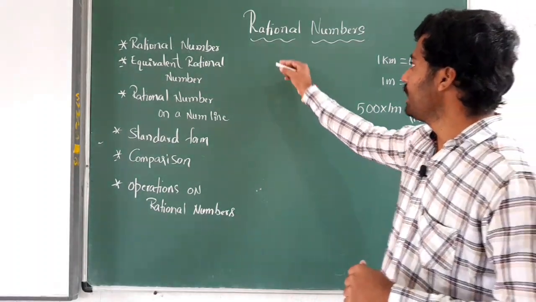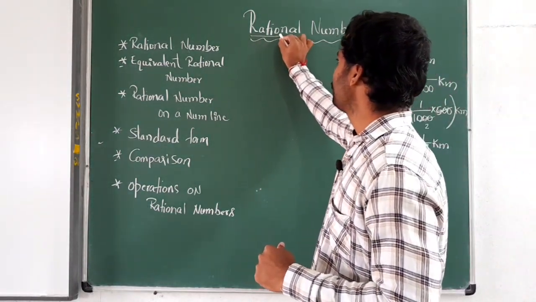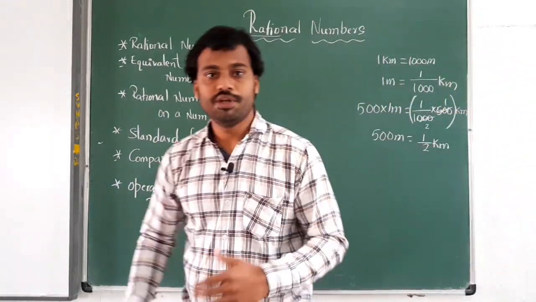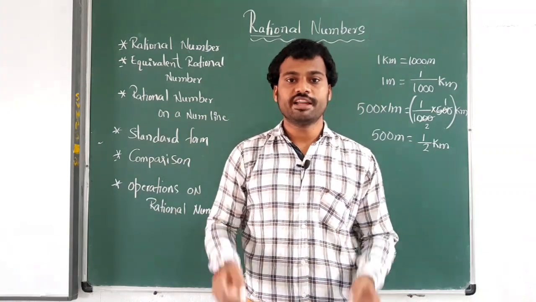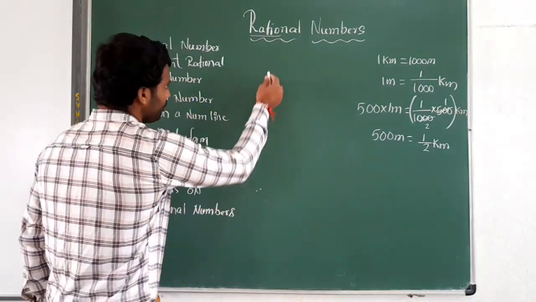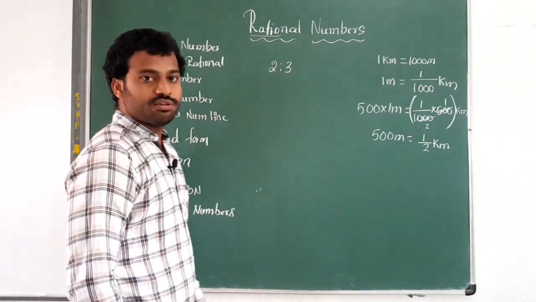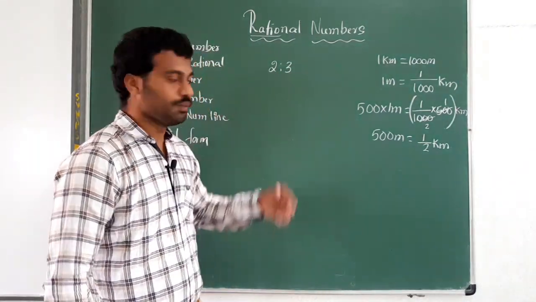Rational numbers mainly come with the ratio concept. What is the ratio concept? We already know how ratios are. Suppose 2:3. This is one ratio.